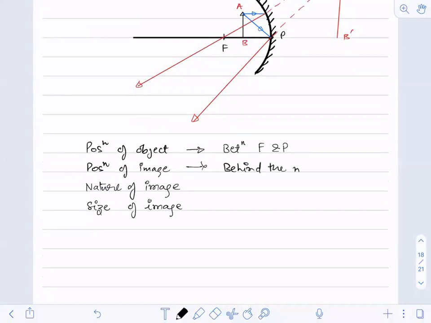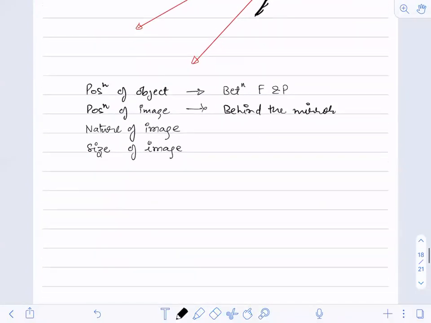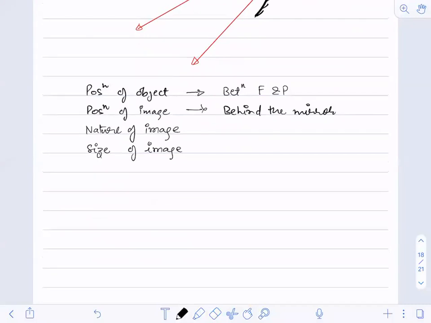Behind the mirror, it can be anywhere. And the object is between, sorry, not F and P, correct, focus and pole only. Nature of the image: it is virtual, because the reflected rays are not actually intersecting.